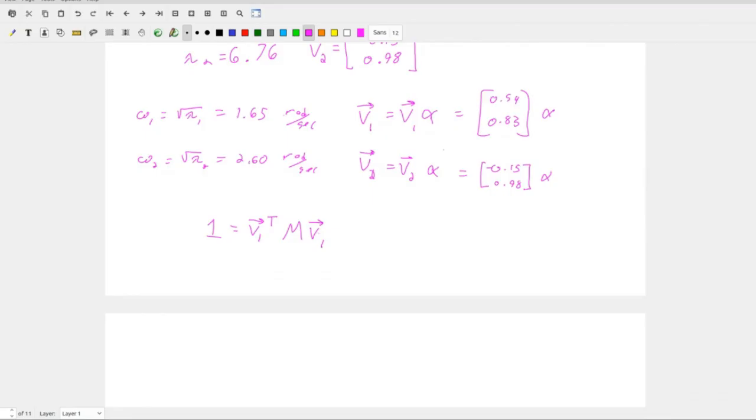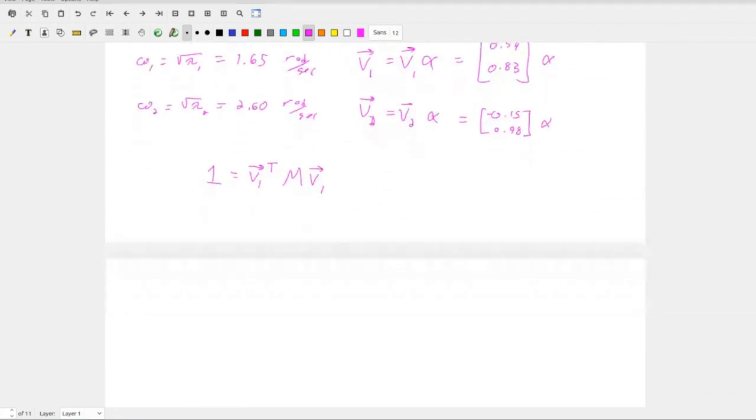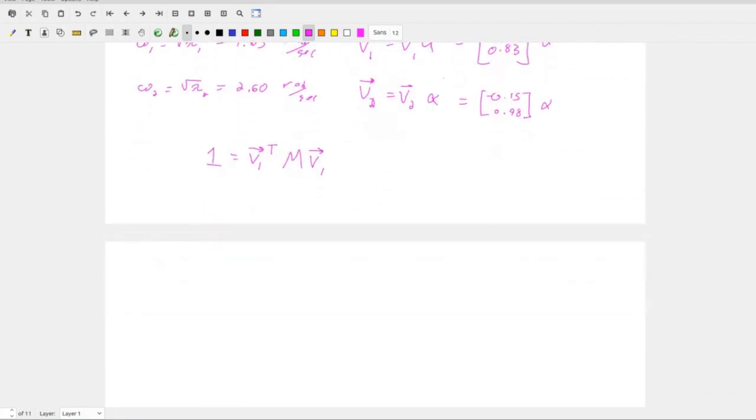So this becomes, go ahead and insert v1 is v1 alpha, and v1 is v1 alpha. You guys agree with that substitution? Right?